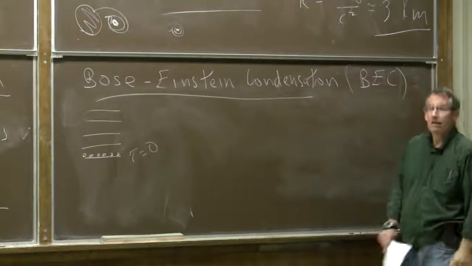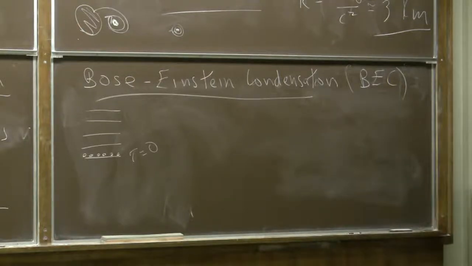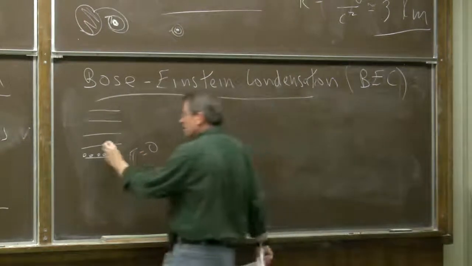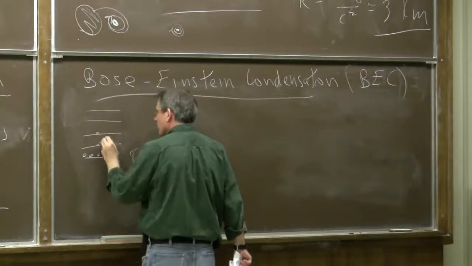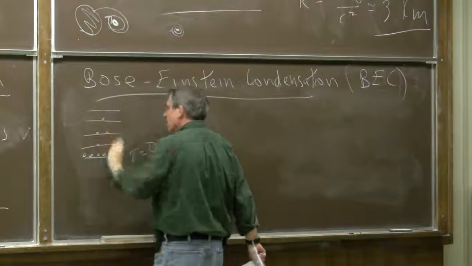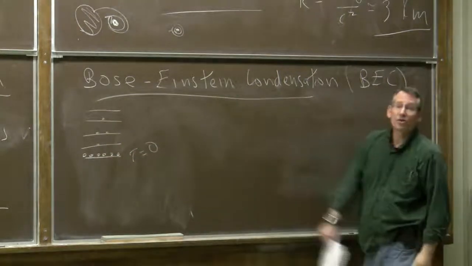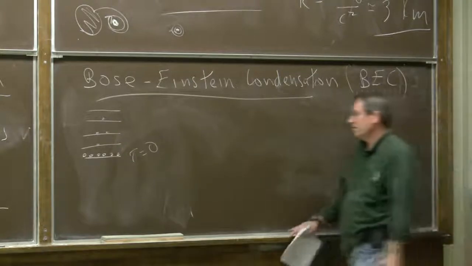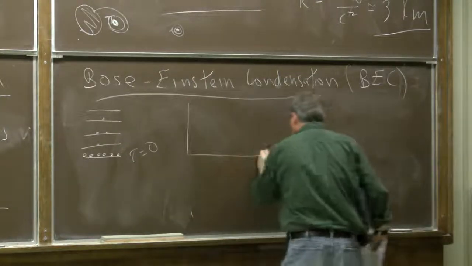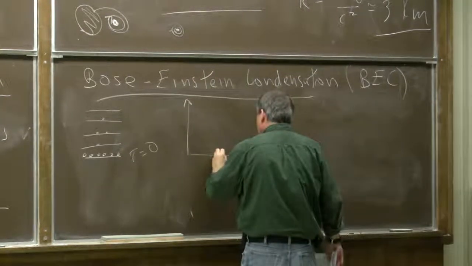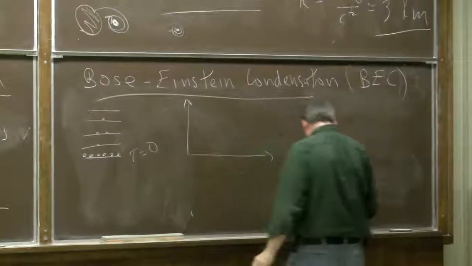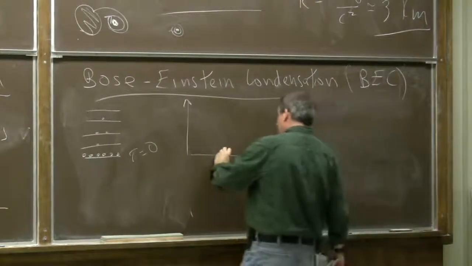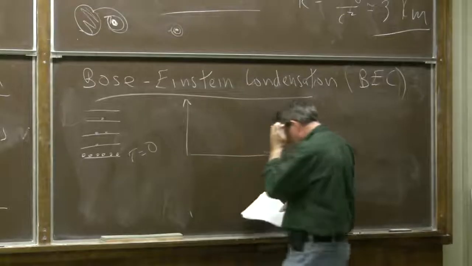Okay, if the temperature is small, but not strictly zero, some of the higher orbitals will be occupied, but a big fraction of the particles will still be in the ground orbital. So that's the nearly degenerate Bose gas. If it's completely degenerate, if we look at the distribution function, it's a completely sharp peak.